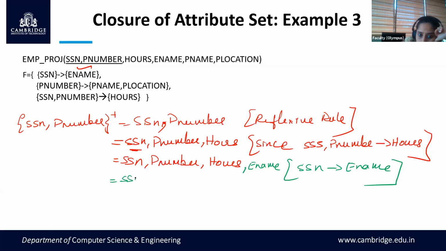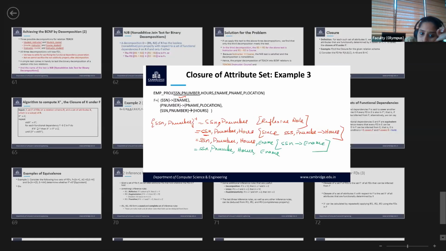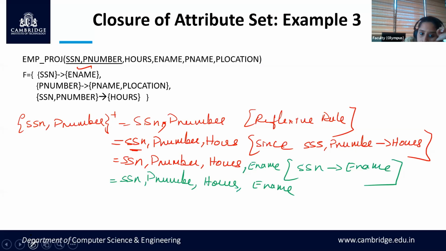Now, SSN, P number, hours, ename, which I will add now. What I have is P number; one more FD is pending. P number I am using: P name, P location. So I will add P name, comma, P location.